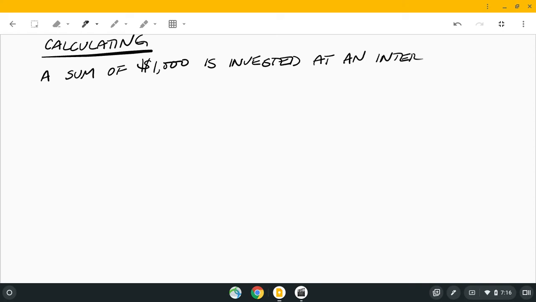Let's suppose that a sum of $1,000 is invested at an interest rate of, this is a big old joke, 12% per year.